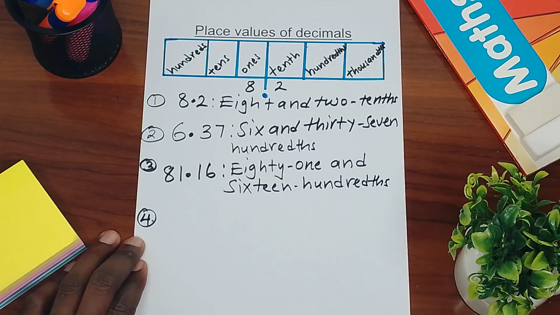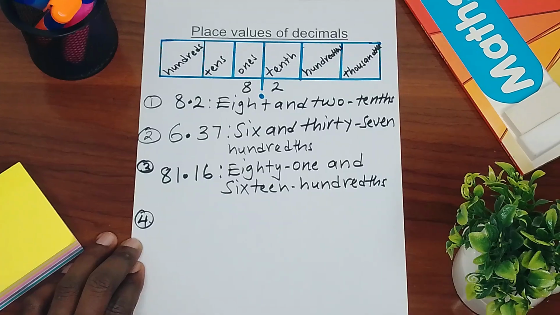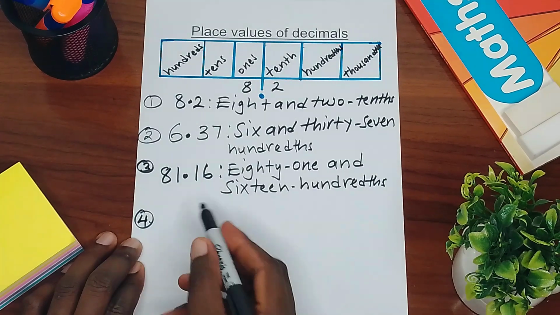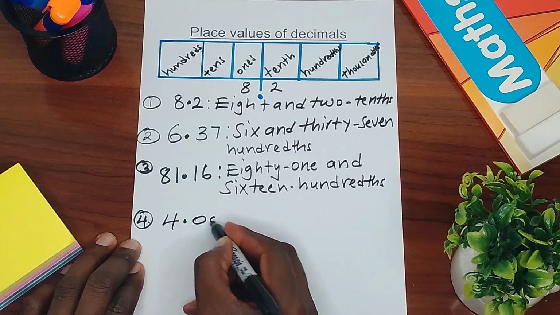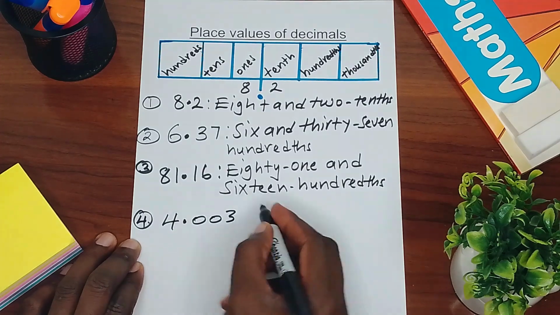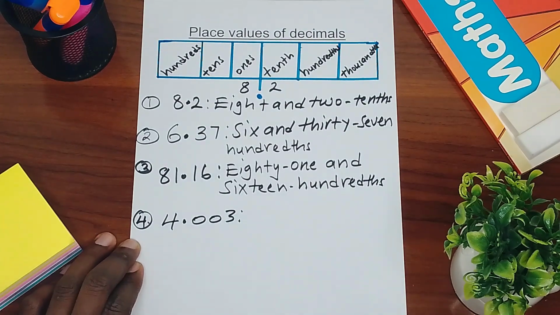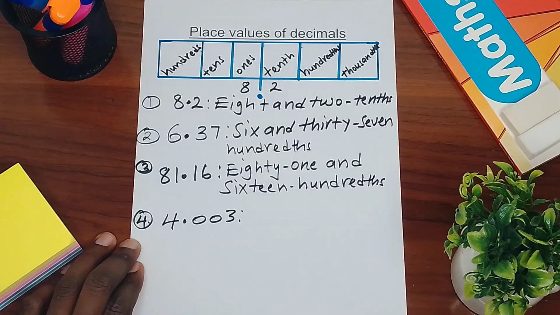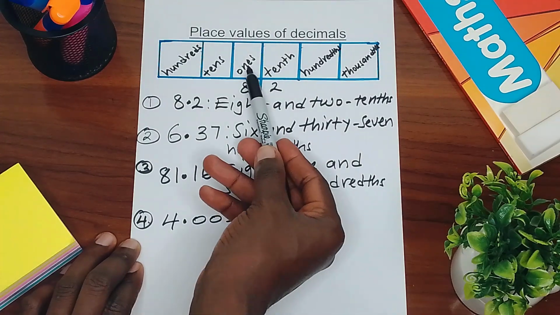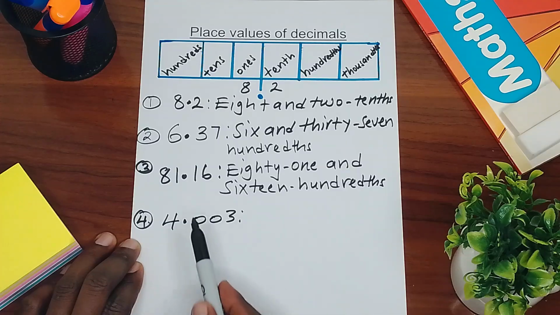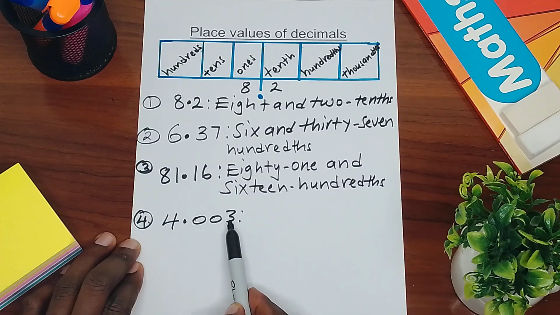So the next example I'm going to give is 4.003. How do we write this in word form? We already see that 4 is in the ones place. Then the first 0 is in the tenths, the second 0 in the hundredths, and then 3 is in the thousandths place.